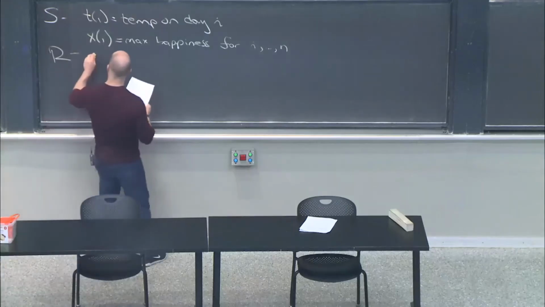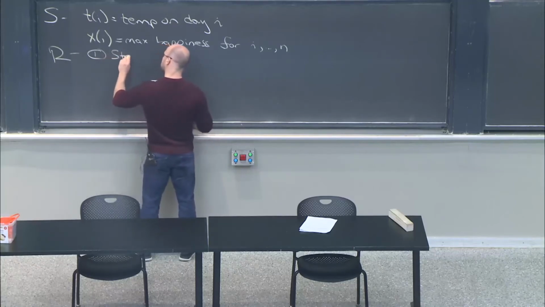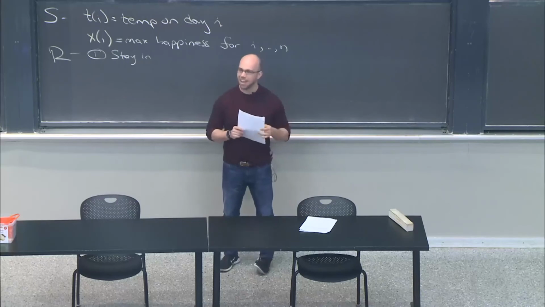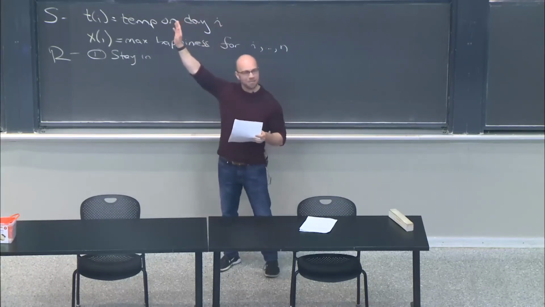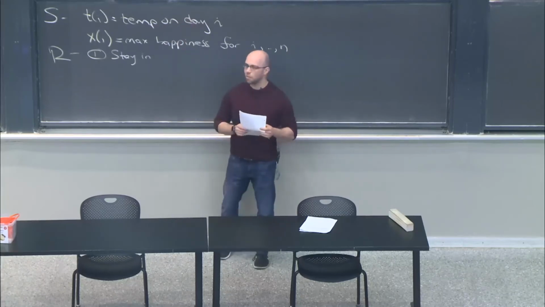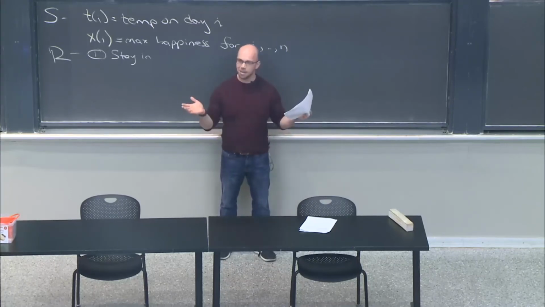So let's just handle these cases. In case one, he stays inside. Well, now what happens to his happiness? According to my revised version of this problem, nothing, right? So in particular, what do we know? Well, if he stays inside, then any decision he can make tomorrow, it doesn't matter.